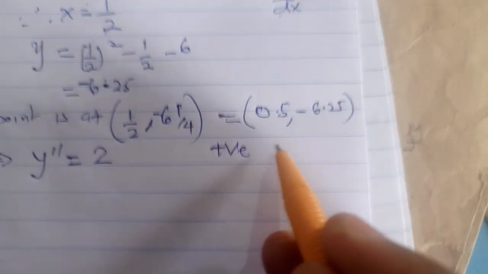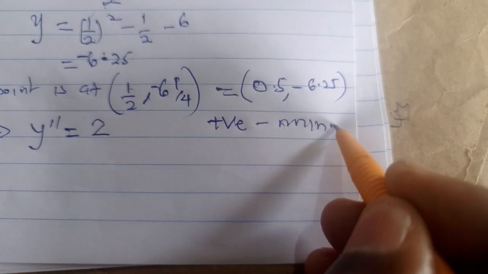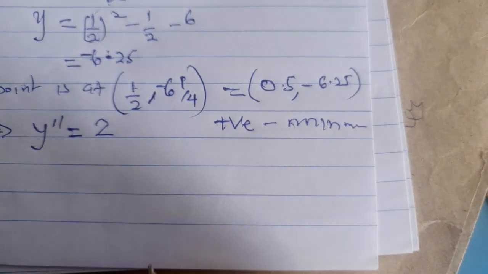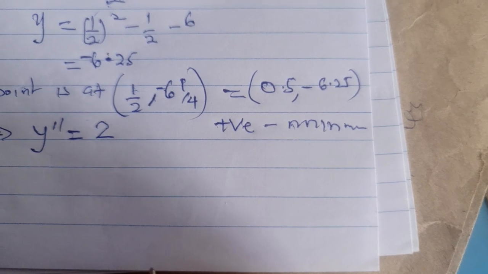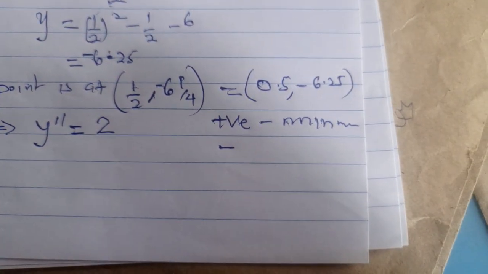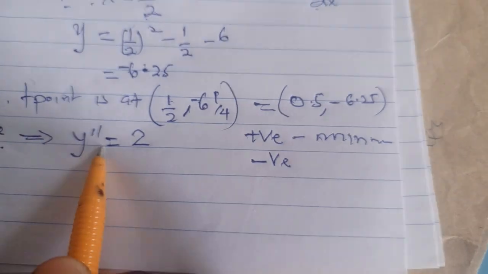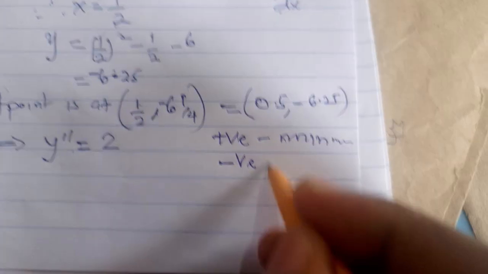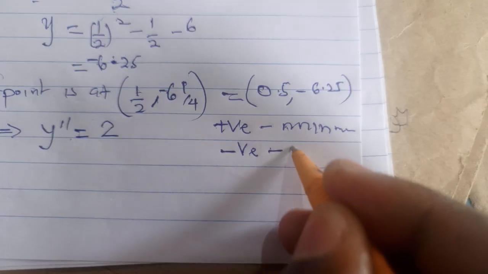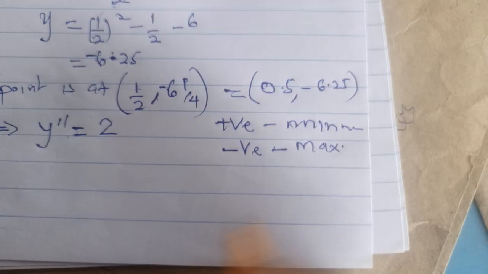As long as it's positive, then the turning point is a minimum. That is, the curve turns upwards. Now, if your second derivative is negative, the turning point is a maximum. This is a rule of thumb. It applies to all cases.